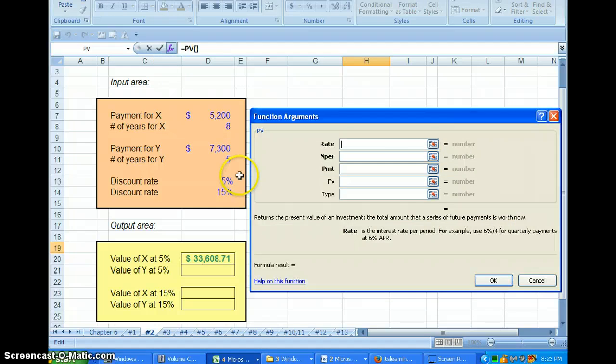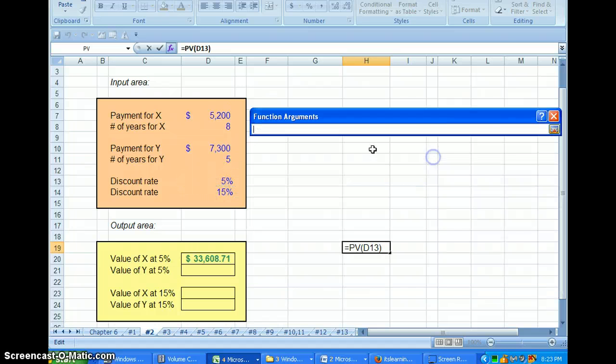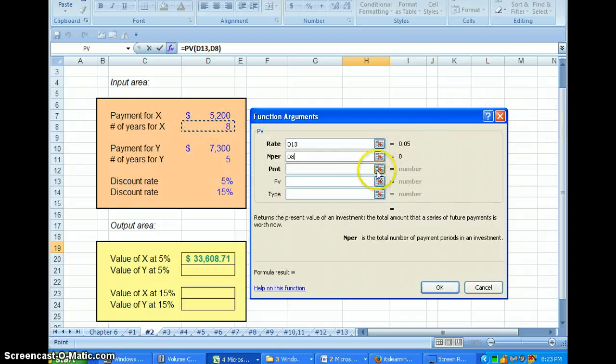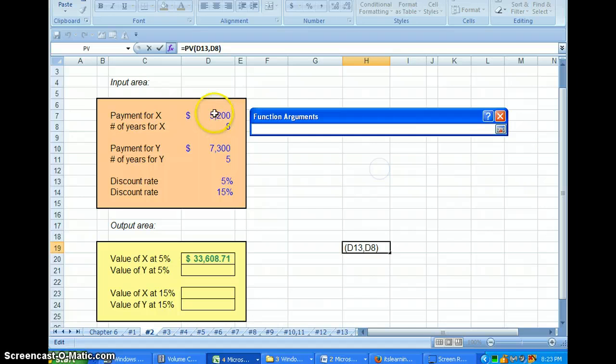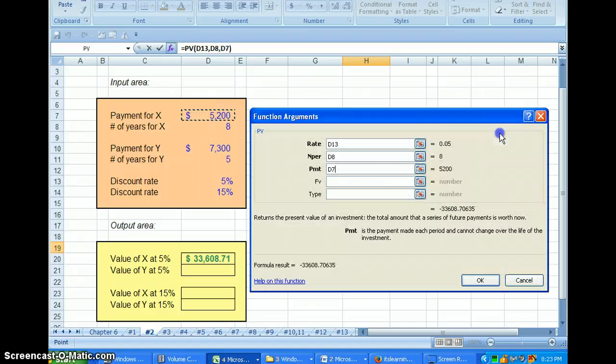The rate, we're going to use 5%. Number of periods, 8 periods. And the payment is going to be $5,200. $5,200 over 8 years at a 5% discount rate.